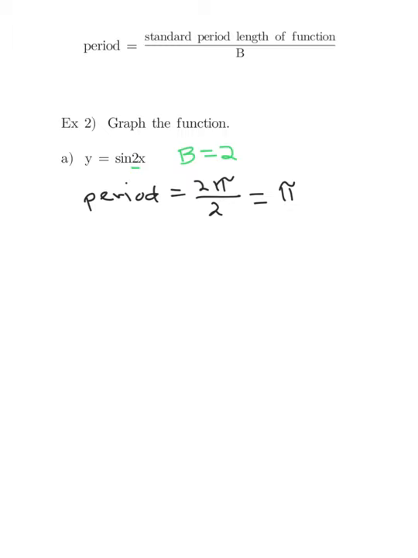We said that to go through a full cycle took 2 pi, and we broke that up into 4 equal parts. We started at 0, but then we had pi over 2, pi, 3 pi over 2, and 2 pi, 4 equal parts. Those 4 equal parts that a period is divided into are called the increments.